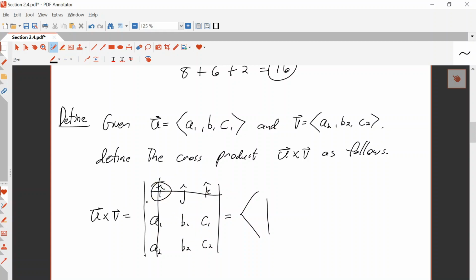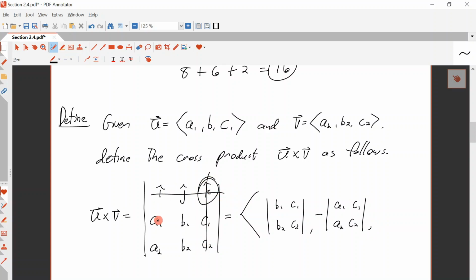We cross out the row and column for x, and we get this determinant, b1, c1, b2, c2, and then whose j component is this 2 by 2, negated: the negative of the 2 by 2, a1, c1, a2, c2. And then the k component is going to be this 2 by 2 determinant, a1, b1, a2, b2.